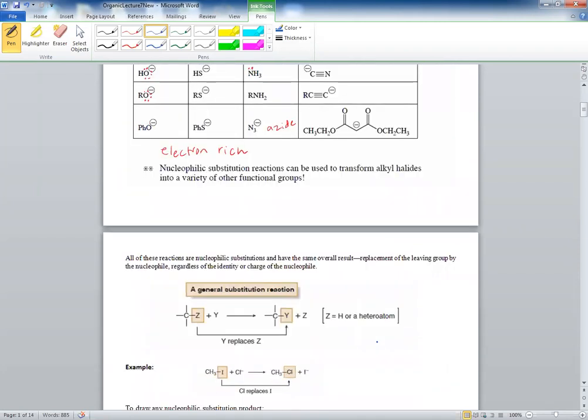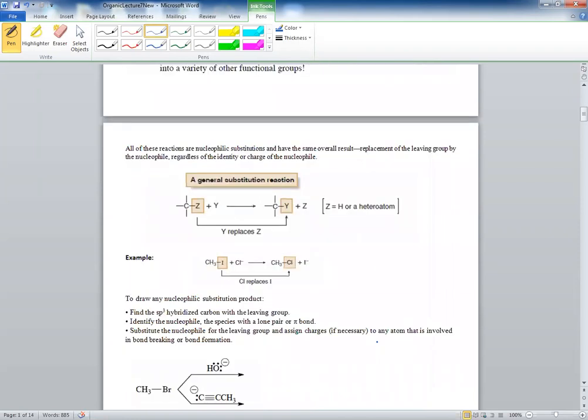Absolutely. So how do we actually go about doing substitution reactions? Like I said, we will learn about two different mechanisms that are in competition with each other. But the general substitution reaction looks like this: you have Z, which is, in this case, your leaving group, and Y comes in and replaces Z. So again, that's what happens.